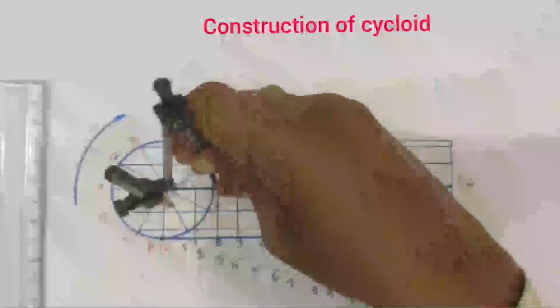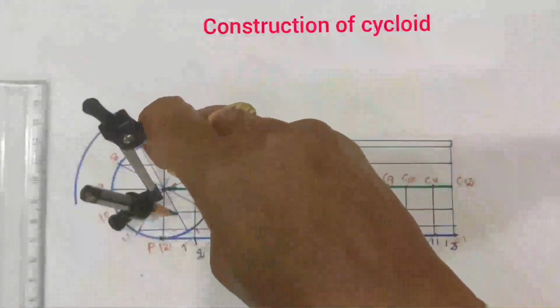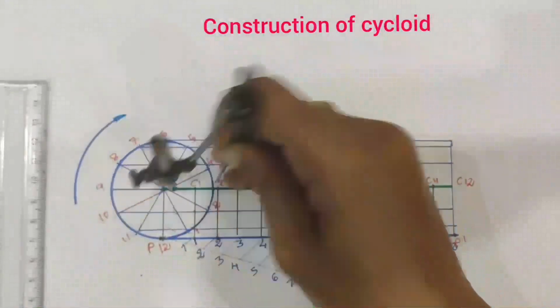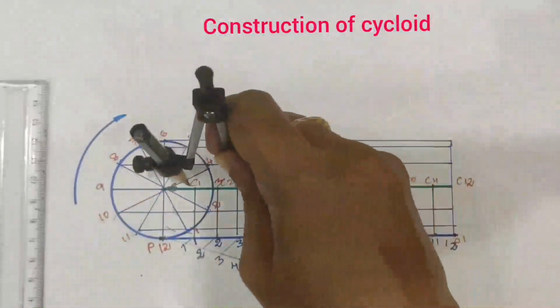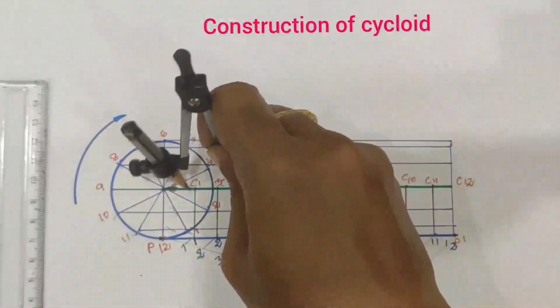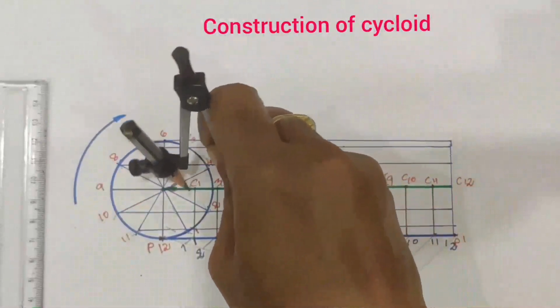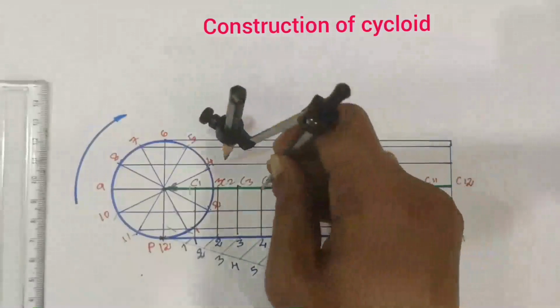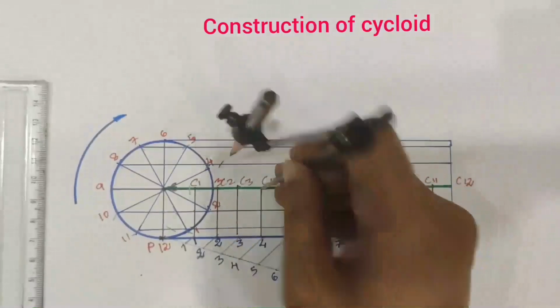Similarly, C2 as center, CP as radius, draw an arc on the second division line passing through the rolling circle. Similarly, C3 as center, rolling circle radius, draw an arc on the third division line passing through the rolling circle. Similarly, repeat the procedure for the remaining points.